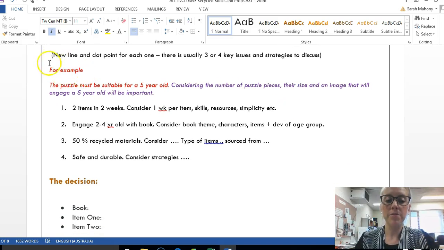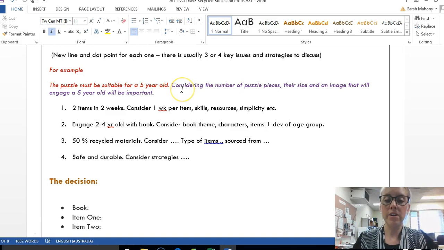So just an example, this obviously doesn't relate to our task, but it's just an example of how to word your issues and strategies. The criteria for this pretend assignment is the puzzle must be suitable for a 5-year-old. Okay, so that is stating what the criteria is. You've plucked that out from the task, very specifically stated what it is.